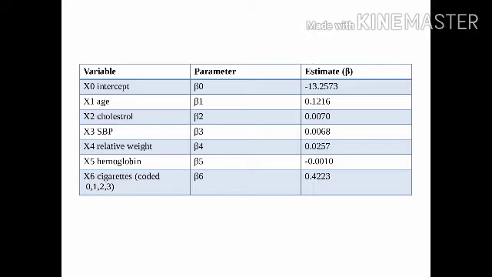You don't need to bother about how we get these regression coefficients. If we have data, we can apply it in the software, and from the output we can identify the regression coefficient for each variable.